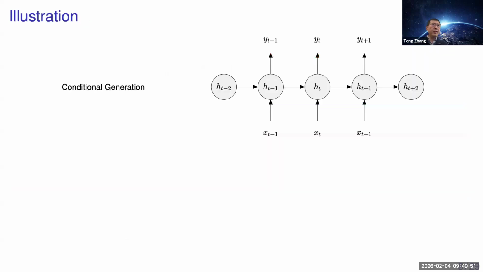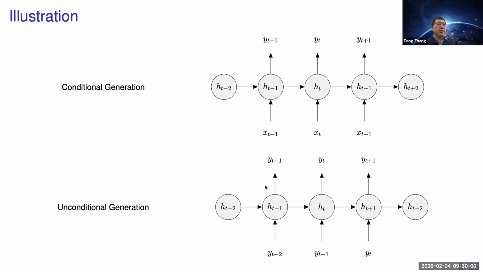So here is one example. This is a conditional generation, which is more general. Unconditional generation is actually what we talked about before with the autoregressive model. In the recurrent setting, you always have a recurrent state, which is learned by the model. This is not given. Each time you generate the next token, the previous one is already generated, as you know, and this is what you want to generate next.